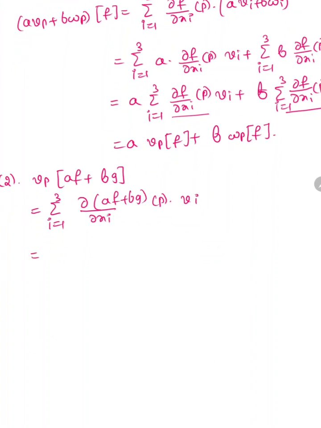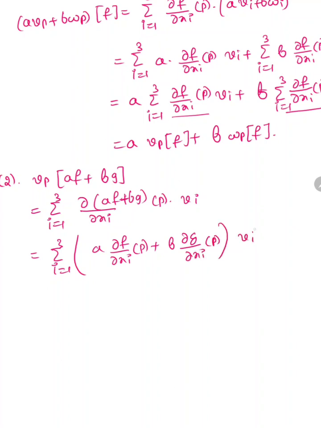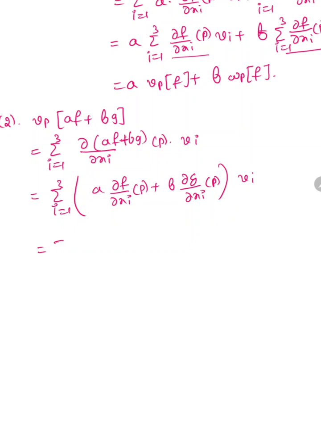So this is the term-wise partial derivative: i equal to 1 to 3 of A into dou f by dou xi at the point p plus B into dou g by dou xi at the point p, multiplied by Vi. So this is equal to the summation i equal to 1 to 3 of A dou f by dou xi at the point p multiplied by Vi plus the summation i equal to 1 to 3 of B into dou g by dou xi at the point p multiplied by Vi.